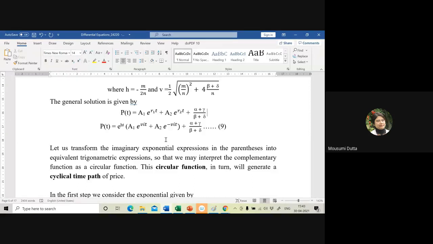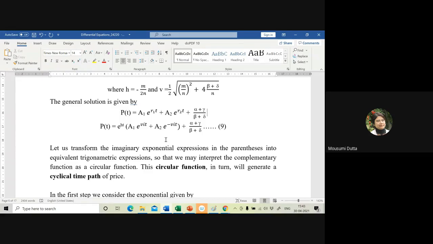This circular function in turn will generate a cyclical time path of price. So using trigonometric expressions from these parentheses, we will go for a circular function, and from the circular function, we will derive the cyclical time path of price.